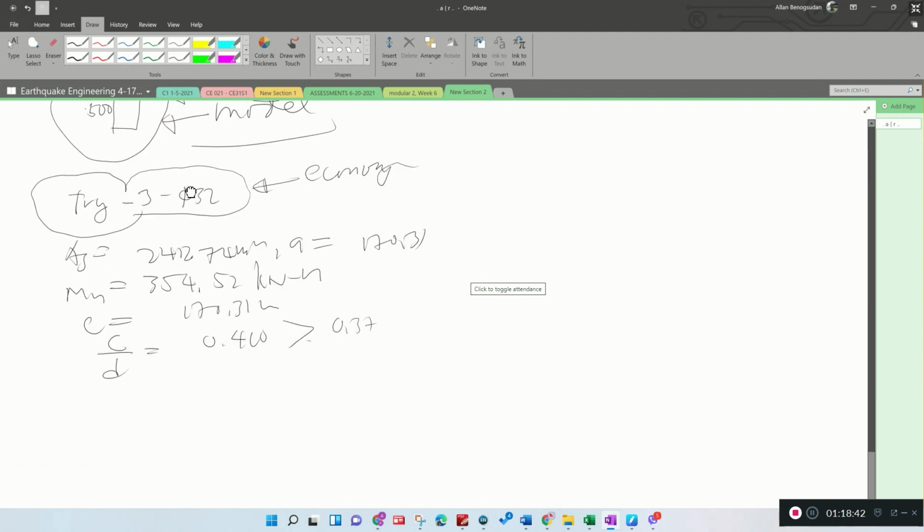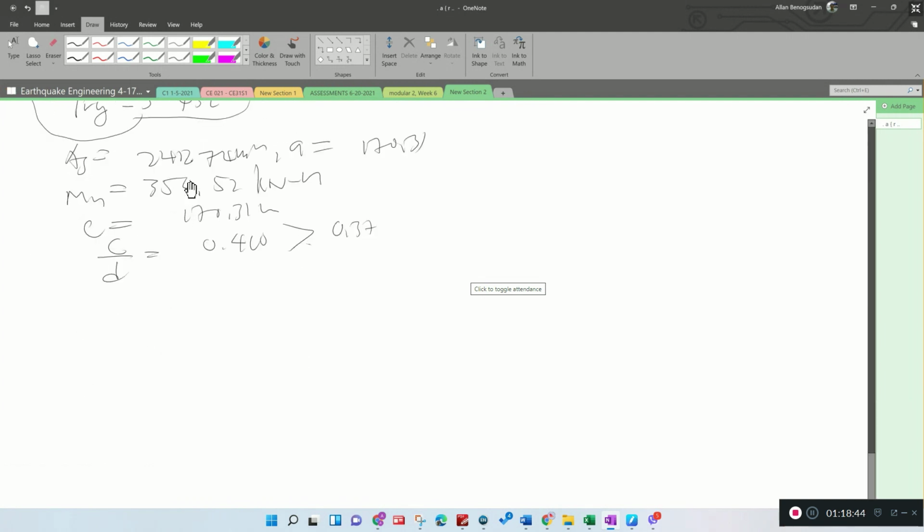Actually, this example is between singly reinforced and compression, or doubly reinforced. Okay, doubly reinforced. So epsilon t, you know already.